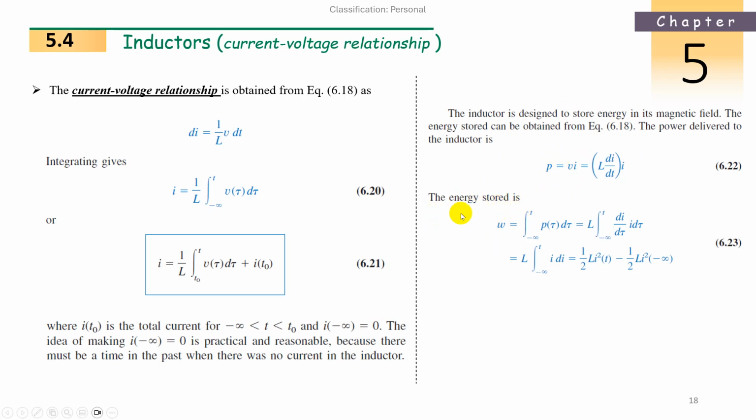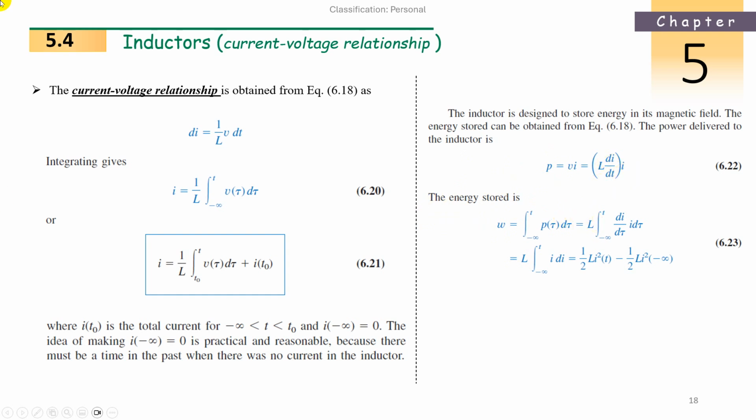Once we know the power, we have to find the energy. Energy is nothing but integrating the power from any initial value to some time t. So integrate from minus infinity to t the power, that is vi, that is L di by dt times i.